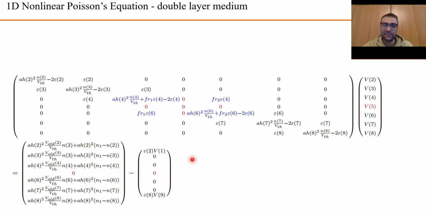Okay, the next is we know that once we generate this matrix, the unknown is found by calculating the inverse of this matrix and multiplying it to the right hand side; then we can find the value of the unknown variable, which here is potential.